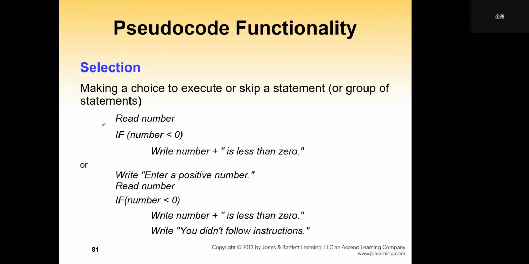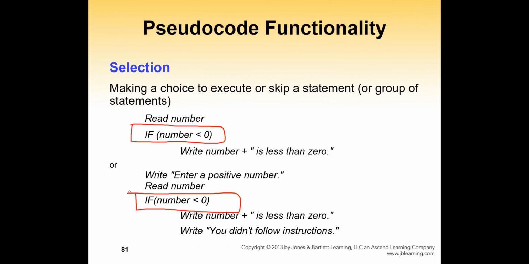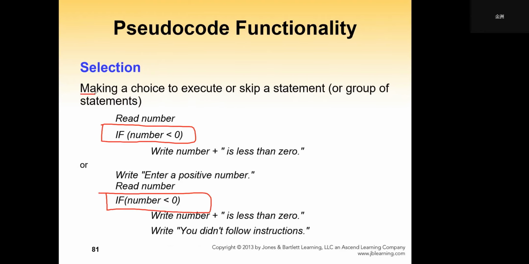We use if to make a choice to execute or skip some statement, and it could be not only one statement but a group of statements. For example, firstly we read a number, and give it to the number variable, and then you check whether this number is smaller than 0. If it is smaller than 0, then you write the number plus "is less than 0".